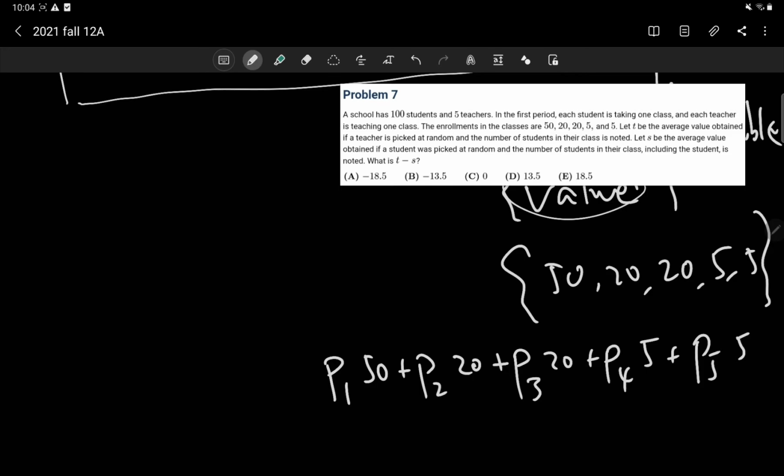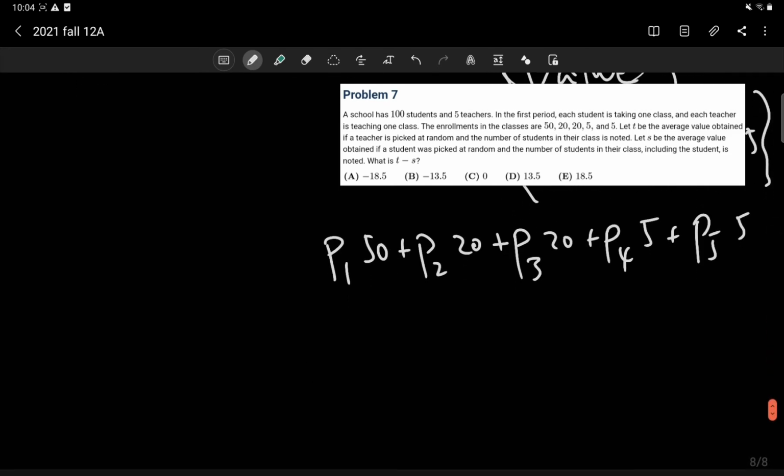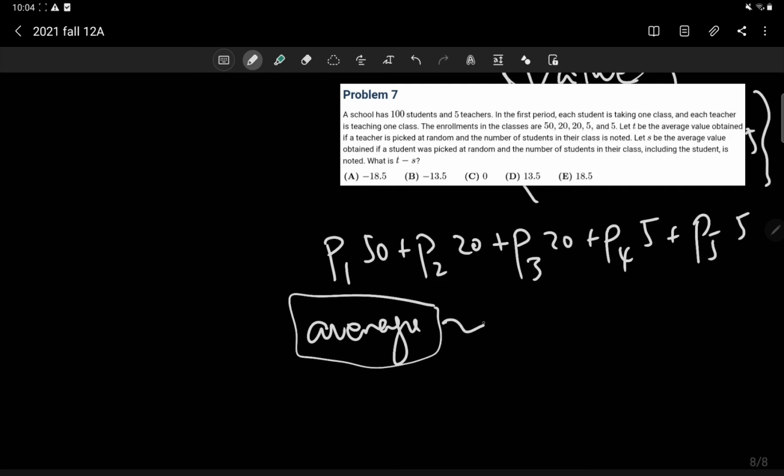Why? Because the question is asking the expectation or the average. So in statistics or probability, average is just expectation. So what is the formula for expectation?